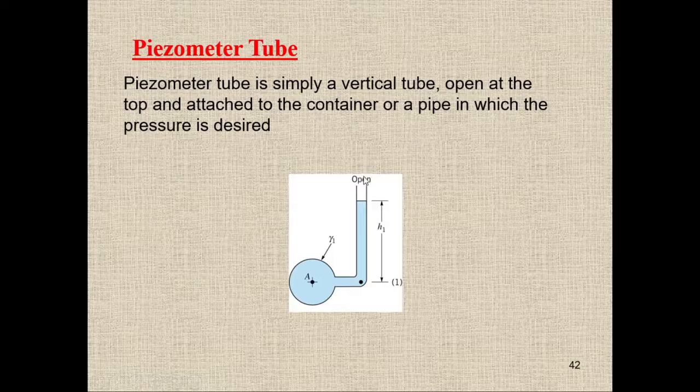So we have the atmospheric pressure at the open end, and the pressure of the fluid from inside. At one point these two pressures will be in equilibrium, and you will get a height. With this height you can calculate the pressure inside this tank.